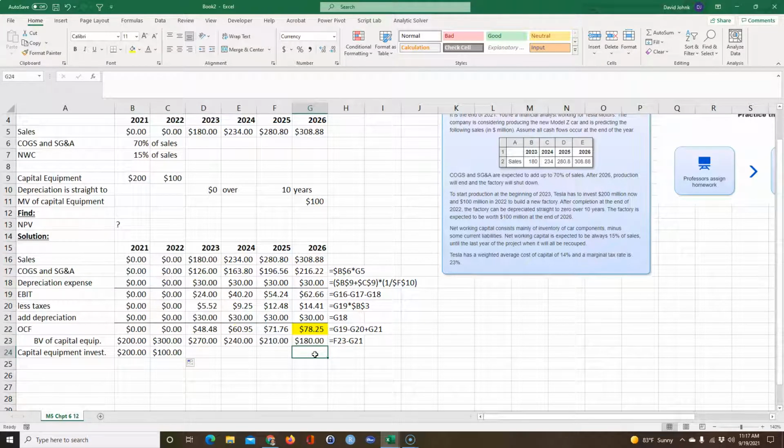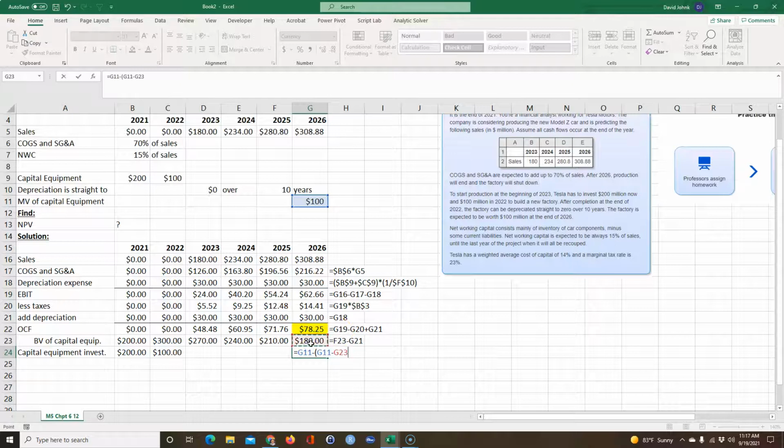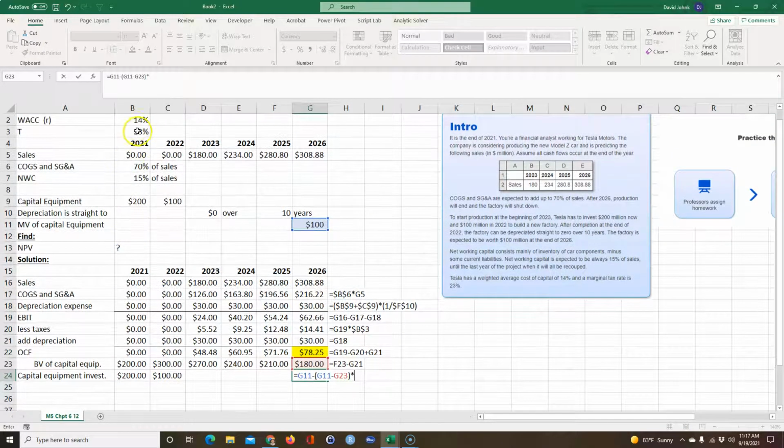And remember, on a previous problem I did, another YouTube video, the equation is already there. If you want to calculate the after-tax cash flow, it's going to be equal to the market value minus parentheses the market value minus the book value, right? And then that's going to be times the tax rate, which is 23%.